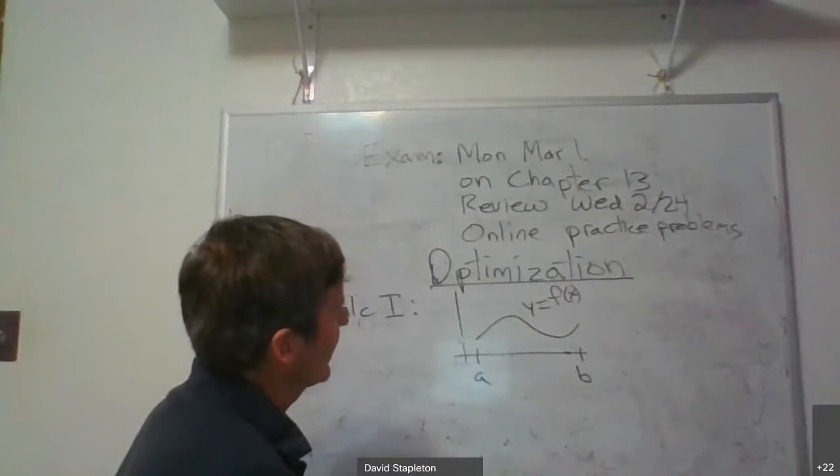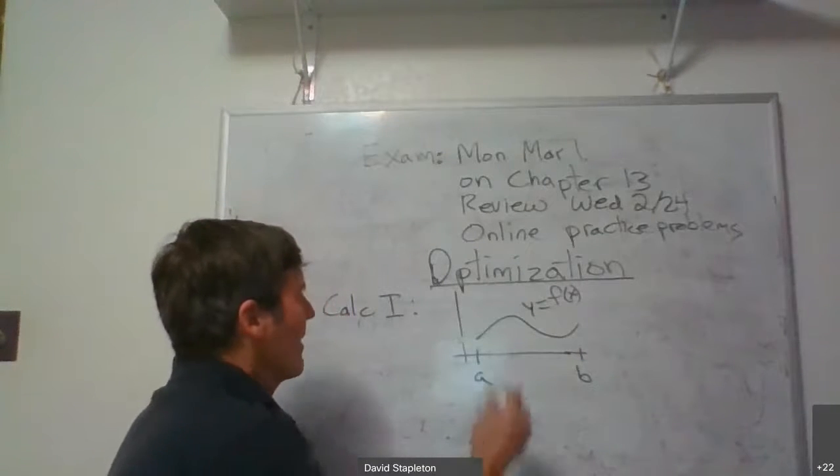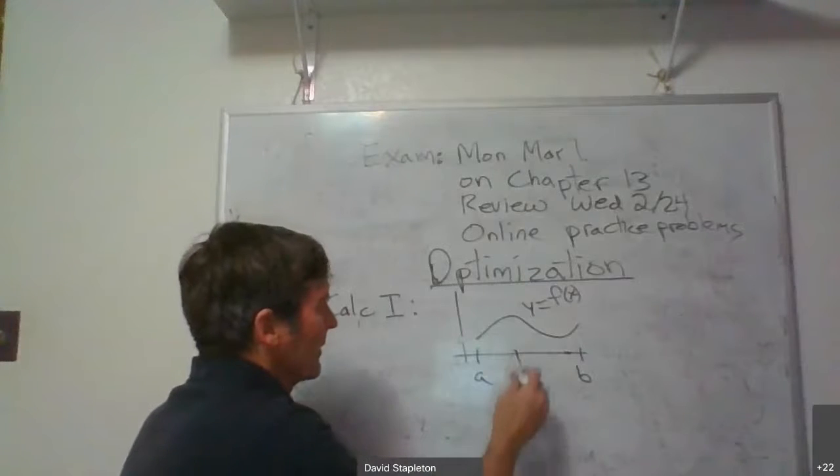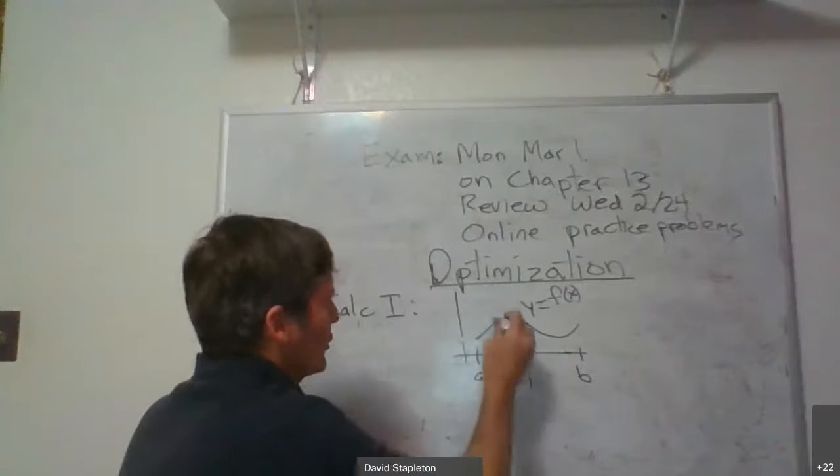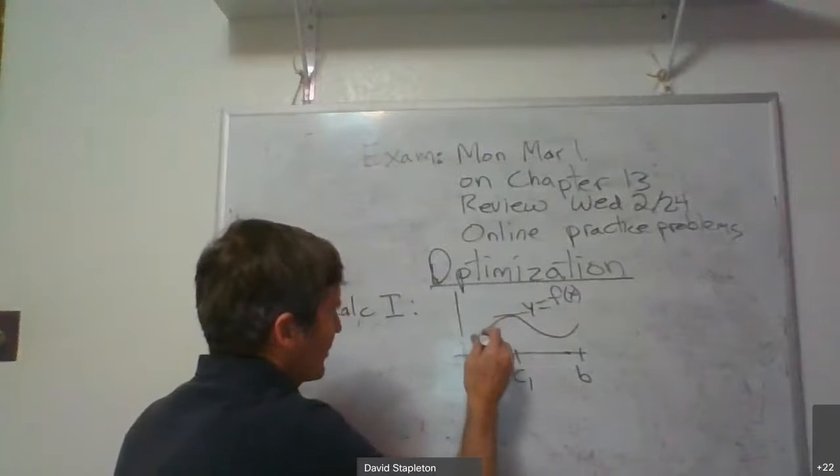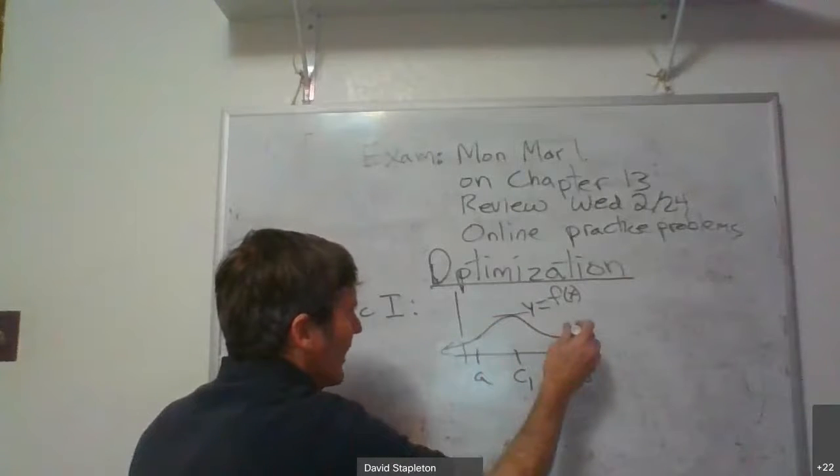We can consider this function, and if it had any point c1 where the derivative was 0, actually let's just draw this off forever for now.